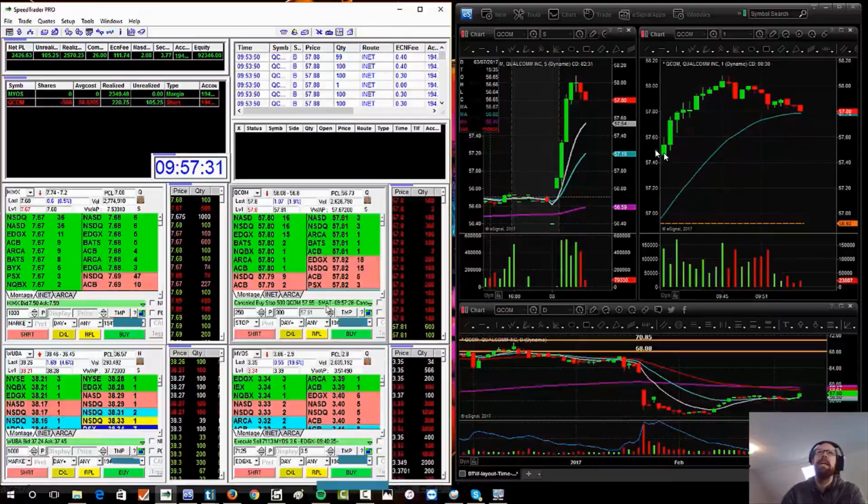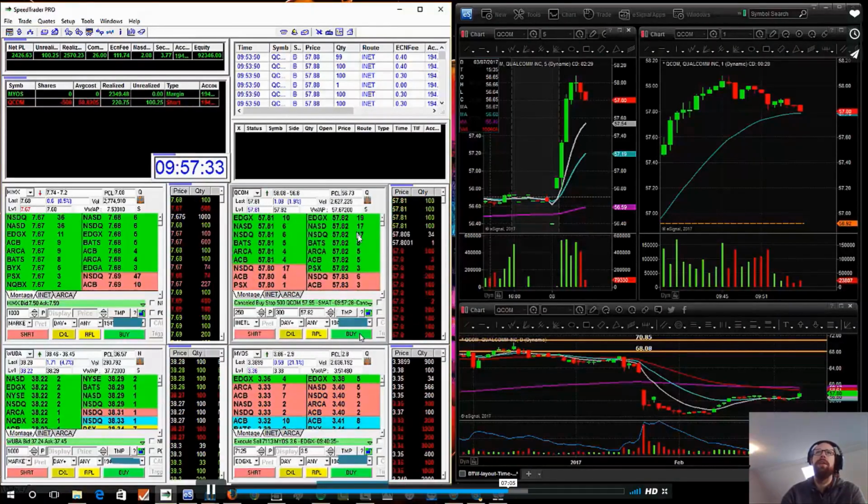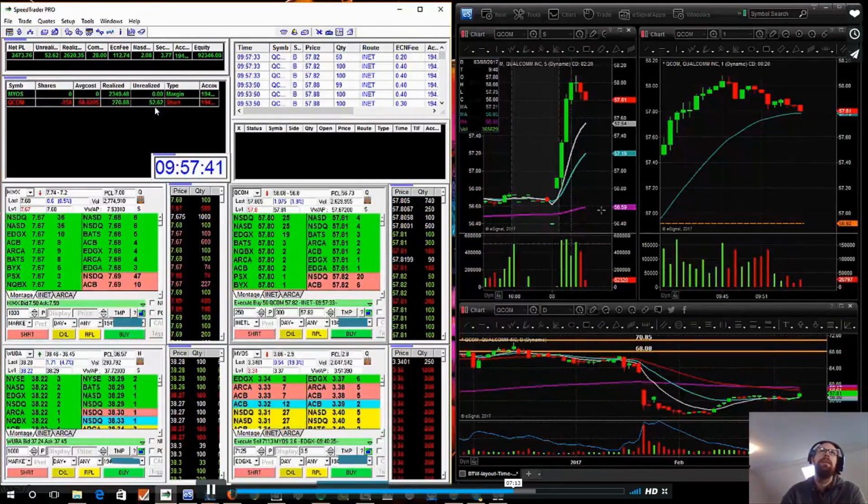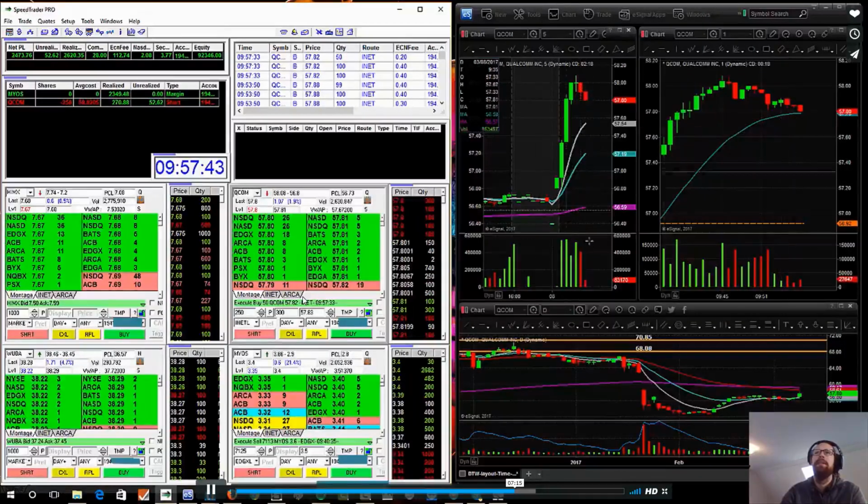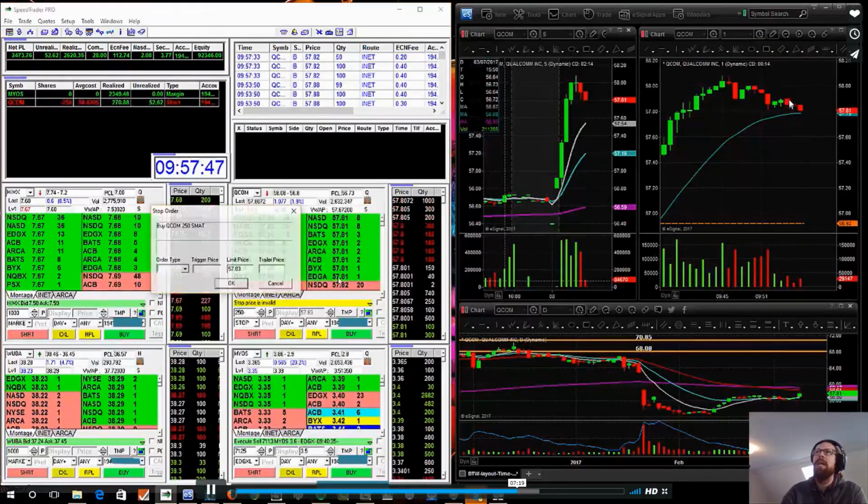So I canceled my sell order, my stop order, so I can cover another 250 shares. Covered at 82. So now I've got $270 locked up and another $50 unrealized. So my new stop is going to be the high of this pivot right here. So I'm putting a market stop at 57.91.